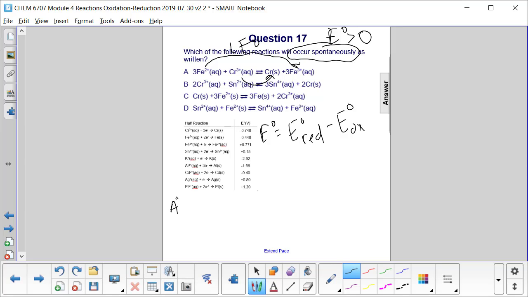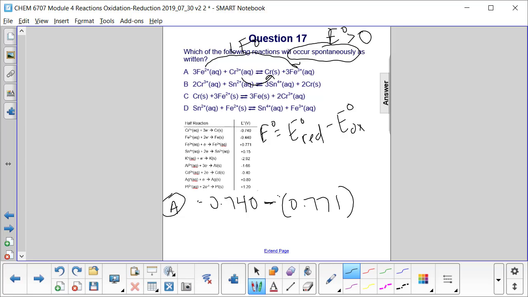So for answer choice A, the chromium, looking at the table, is minus 0.740 minus the oxidation is the one involving the iron, 2 plus going to 3 plus. So make sure you choose the one that's 2 plus to 3 plus, 0.771.